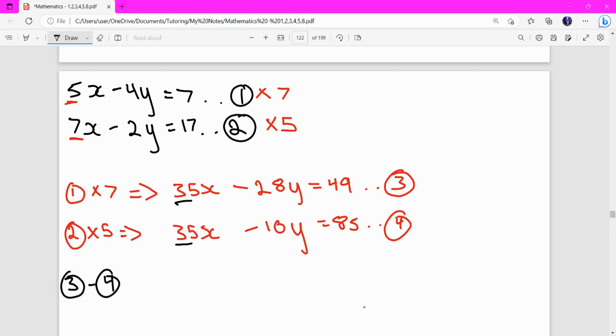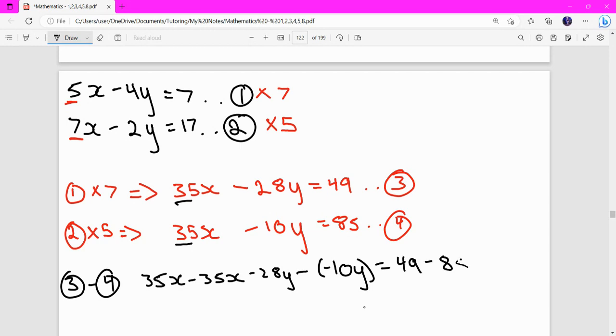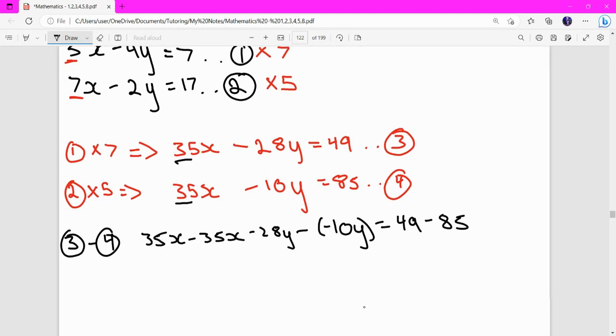Right, so let's see. It's 35x from equation 3 minus 35x from equation 4. Put back the minus 28y from equation 3 minus the negative 10y from equation 4, put that in brackets, is equal to 49 minus 85, right?